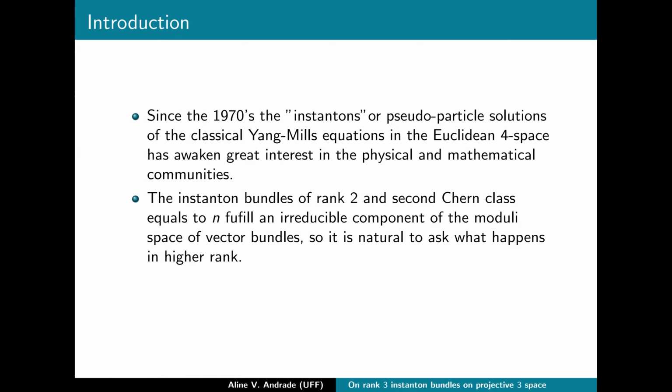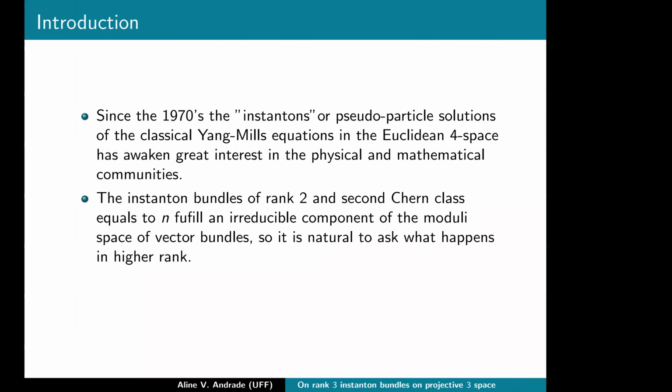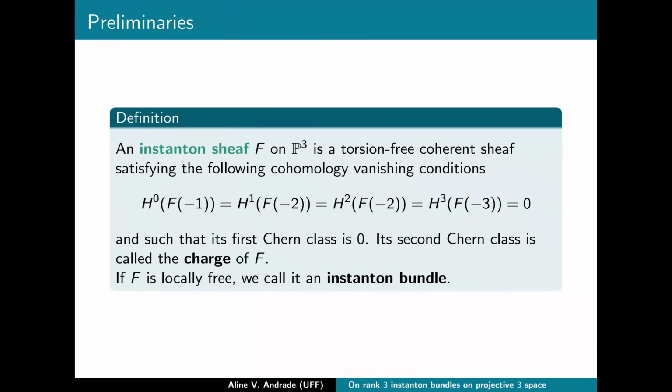We have the ADHM construction from the 70s, which studies these a lot, but we also have a generalization of these bundles. These ones defined by cohomological conditions, when we are on P3 and studying rank 2, are in fact the same ones, related to those of physics.